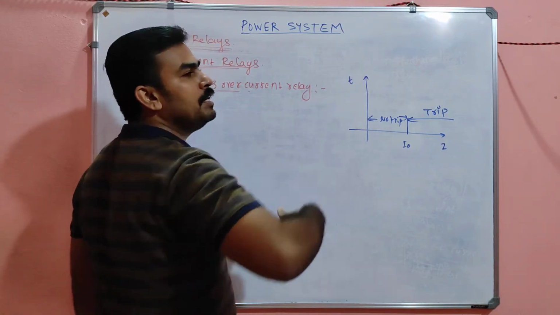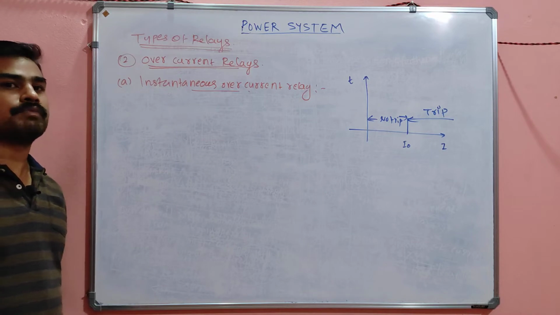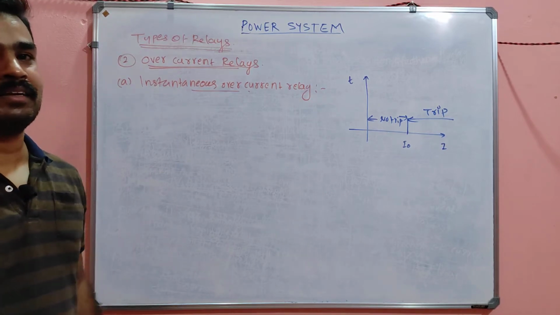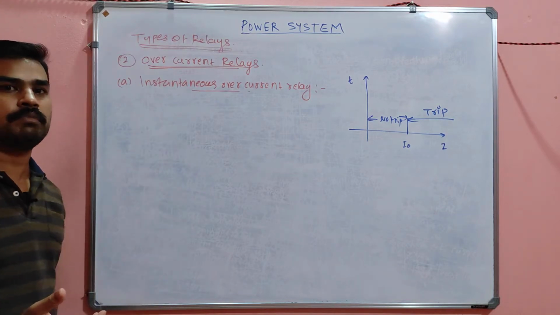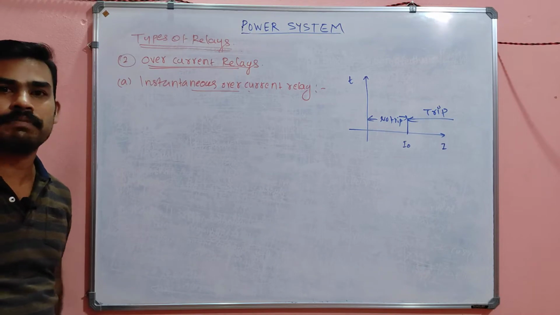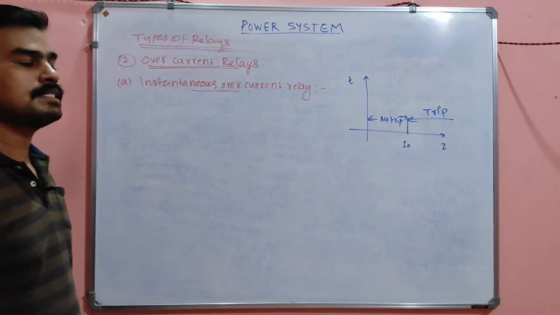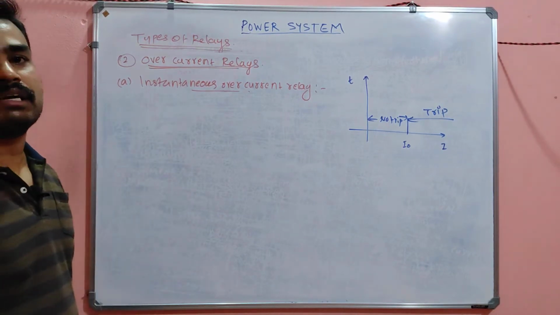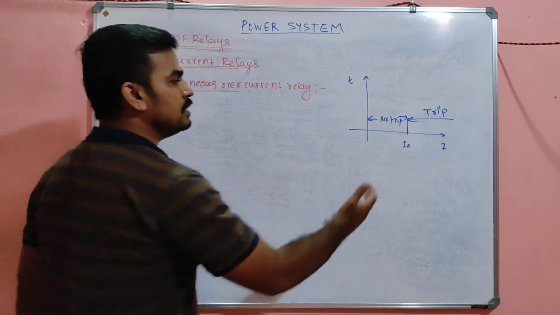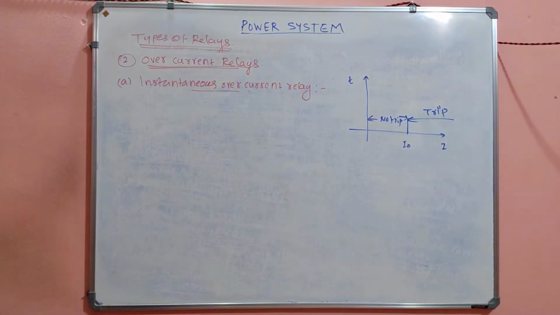It is independent of time, unless there is a time setting multiplier. If there is a time setting multiplier, the relay will operate only after a specified time. Otherwise the relay will operate as soon as the current in the secondary of the CT or the relay coil reaches a specified value. That's all. Okay.